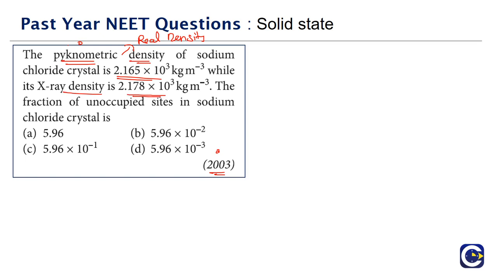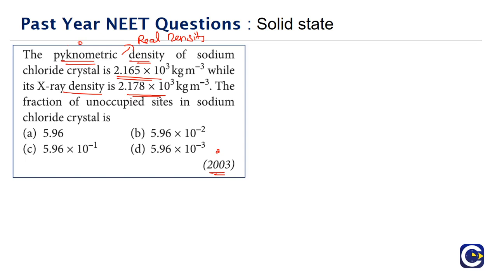So when you pass X-rays through the particular crystal, the X-rays will pass through the voids. Which means the volume that is calculated will be almost seen as the real volume occupied by the atoms.